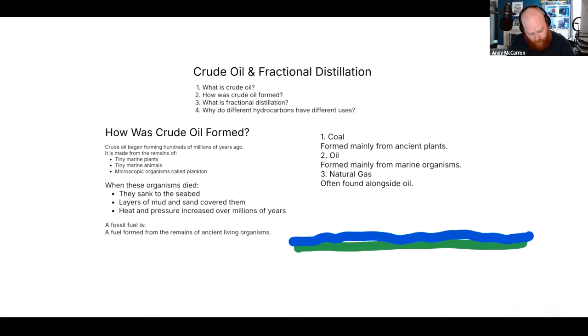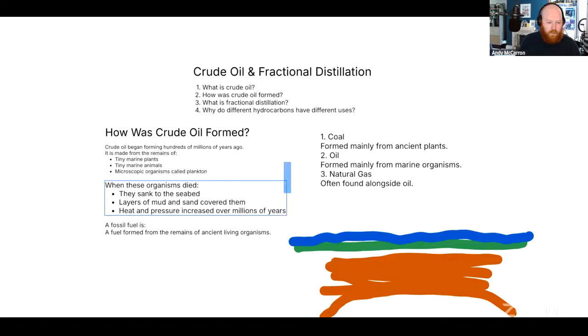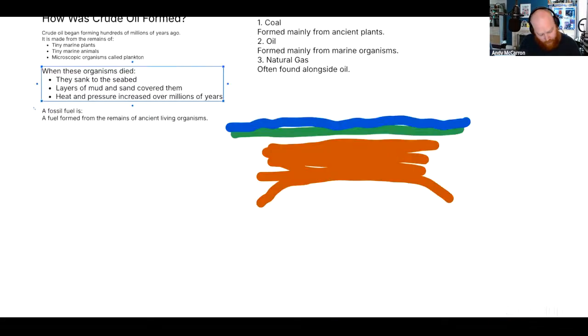As the material is crushed under loads and loads of stuff, we end up forming a little pocket. I've just realised I'm drawing this off screen currently. In that pocket, the organism that's been crushed starts to get broken down and form this crude oil.